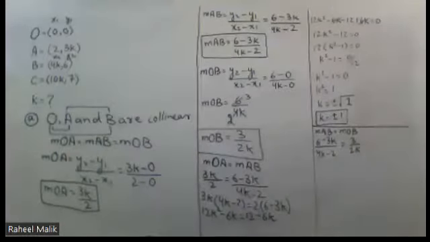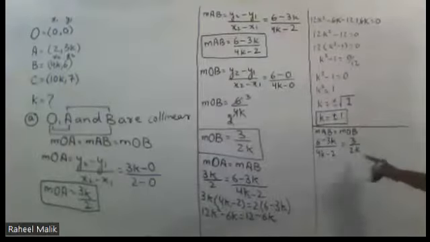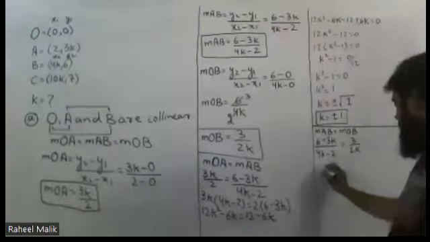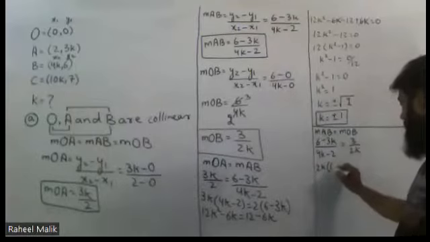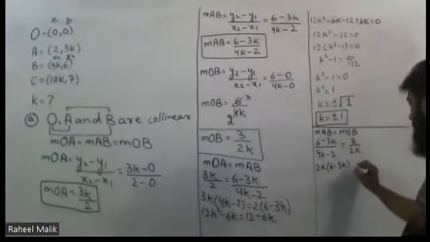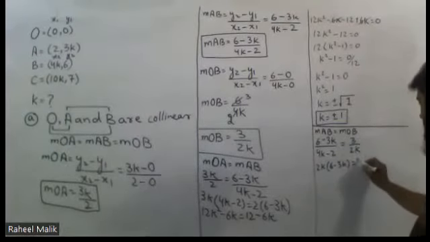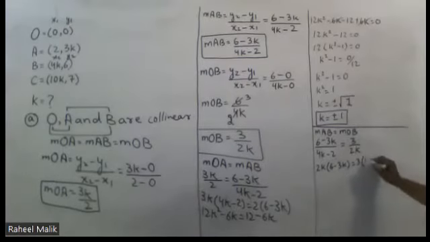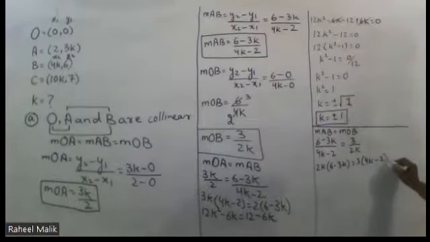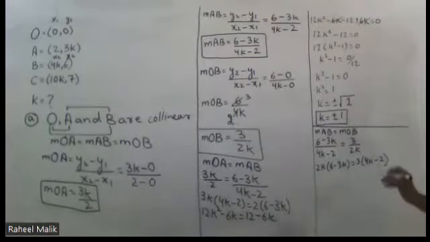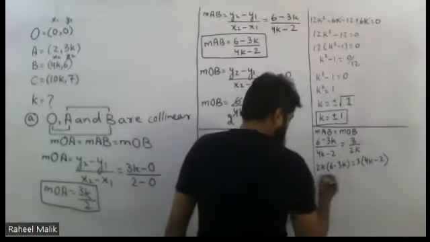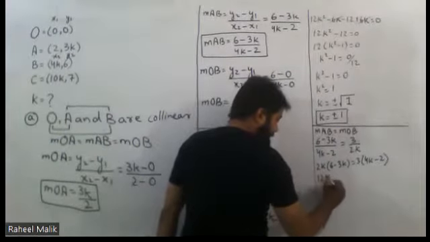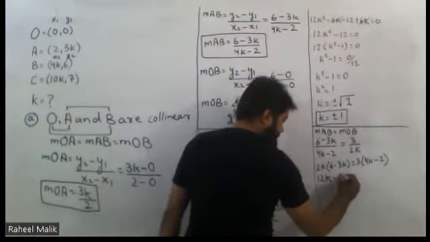2k, right? So shifting it, 2k multiplied by (6 minus 3k), and this multiplied by over here 3 multiplied by (4k minus 2). Okay, so when I simplify it, 12k minus 6k square.